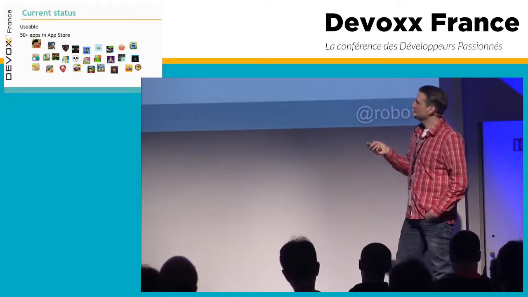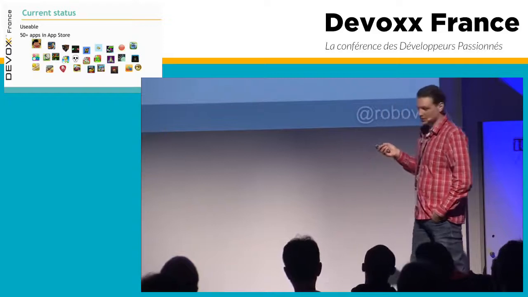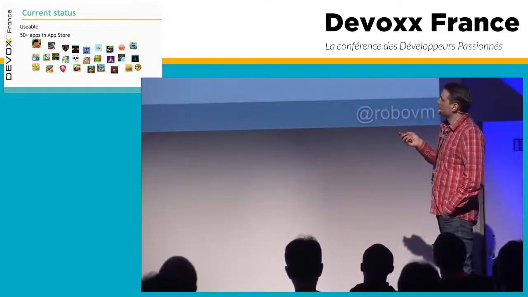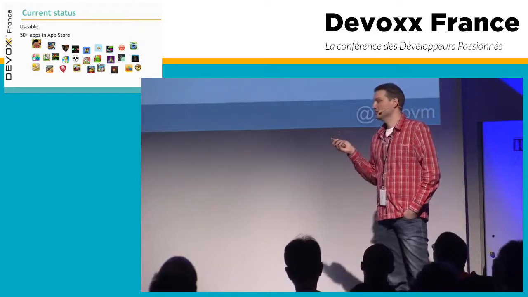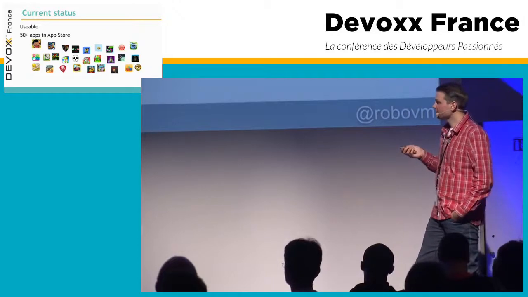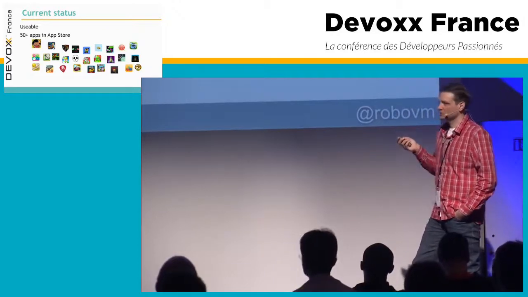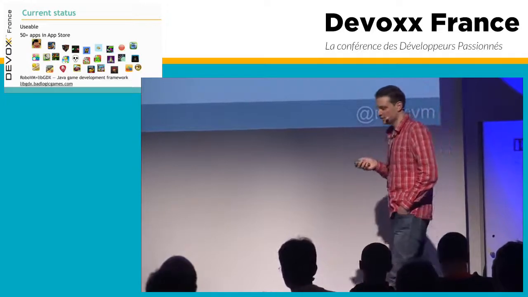There are already probably more than 50 apps in the App Store. Here are some of them. These are all games that I'm showing you right here. I would say that almost all of them are games. They have been built with the help of the libgdx Java game development framework.